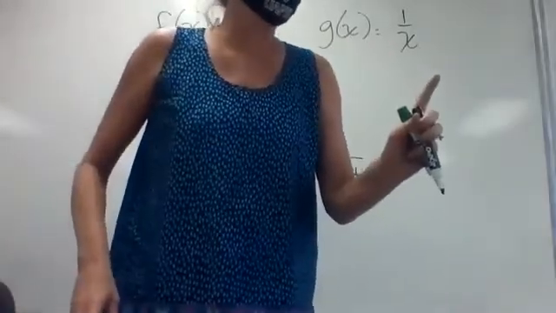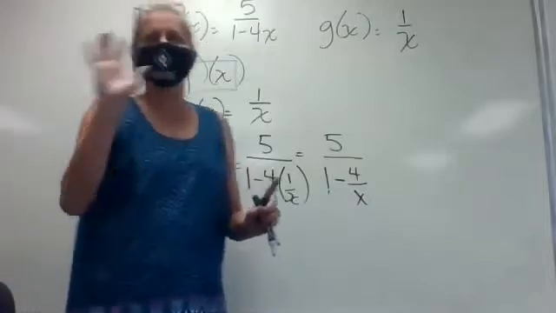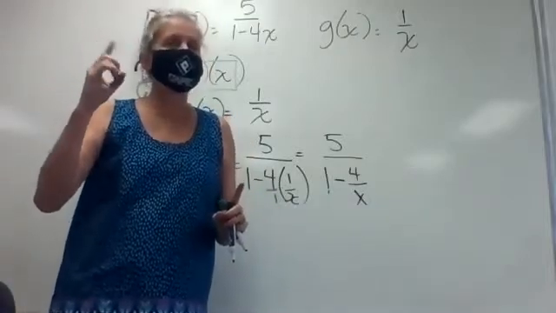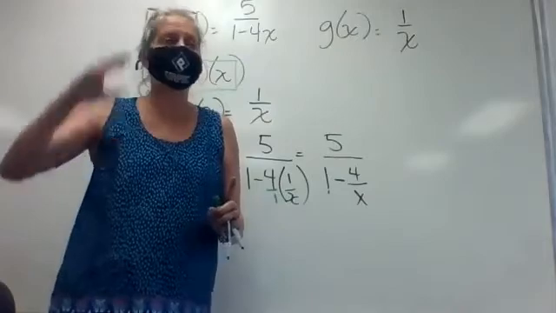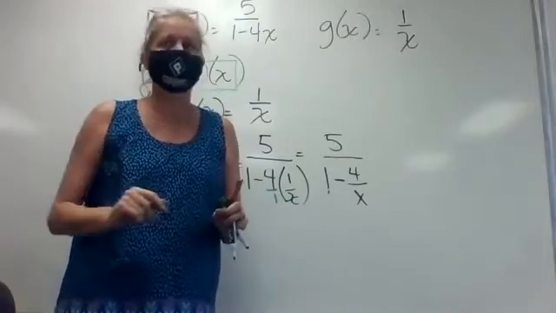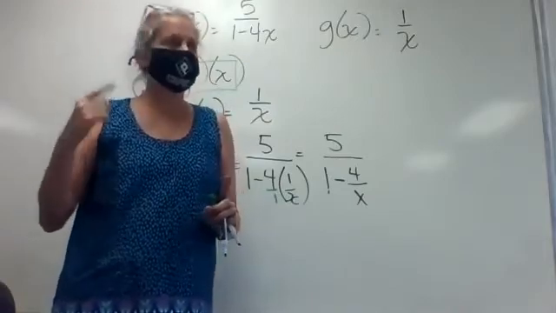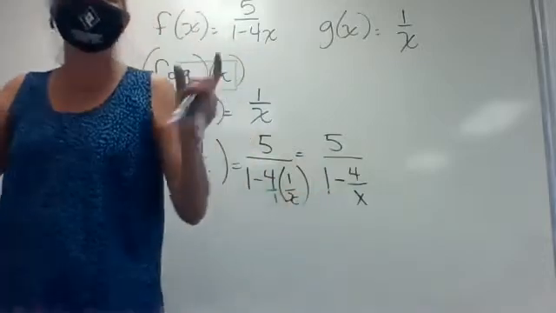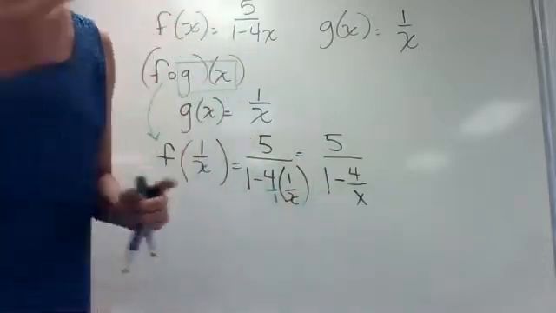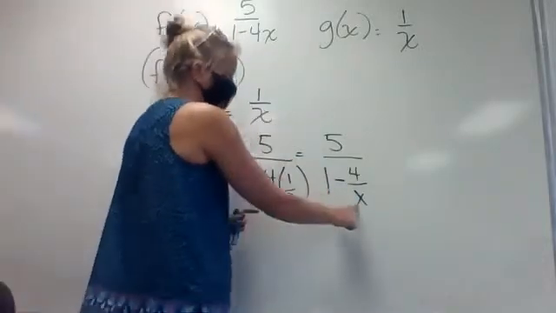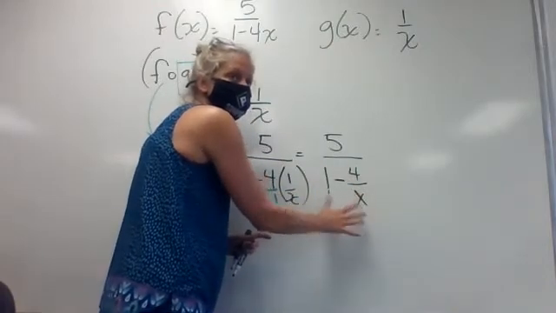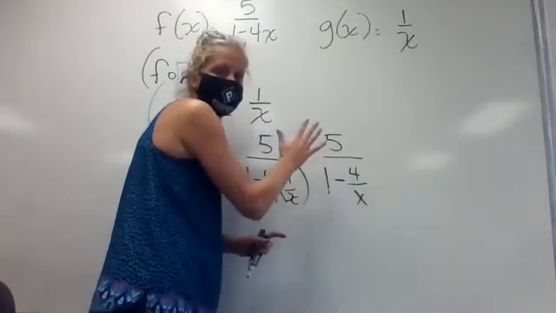But there's all different ways to write the number 1. If you have a number that's the same in the top and the bottom, isn't that 1? What's 5 over 5? What's a million over a million? So I'm going to multiply this by 1. It's just going to be a fancy 1 because my goal in this step is to cancel out this denominator so that I don't have a fraction within my fraction.